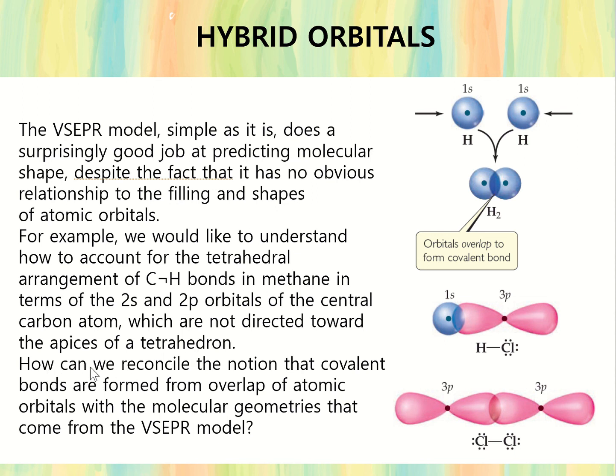So how can we reconcile the notion that covalent bonds are formed from the overlap of atomic orbitals with the molecular geometries that we saw with the VSEPR model?